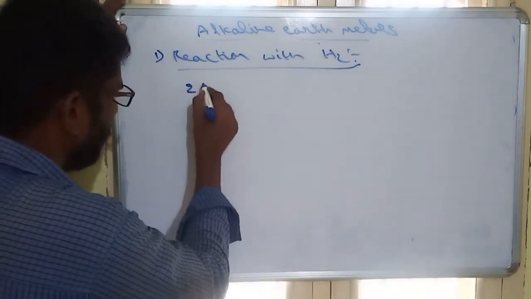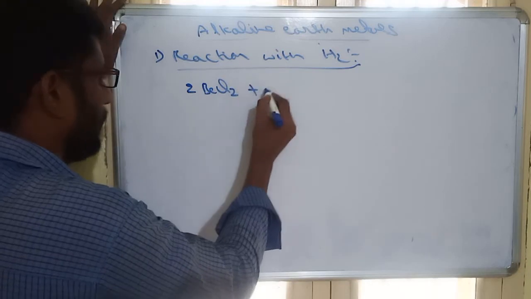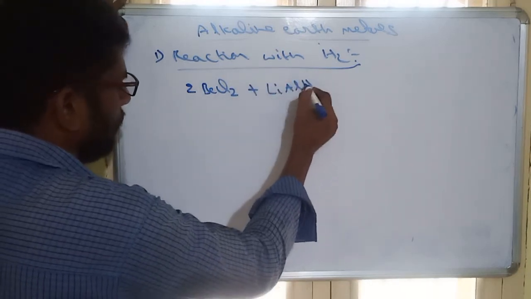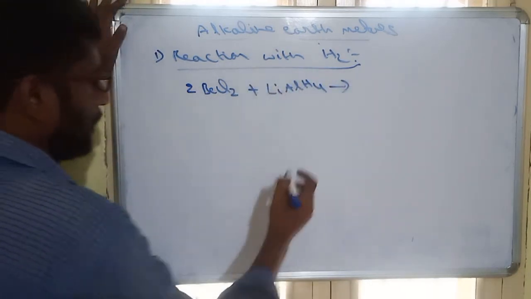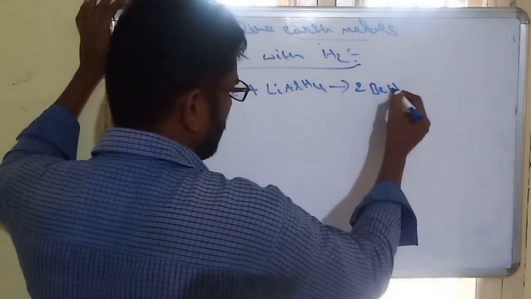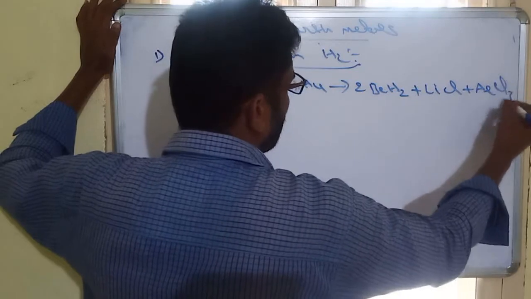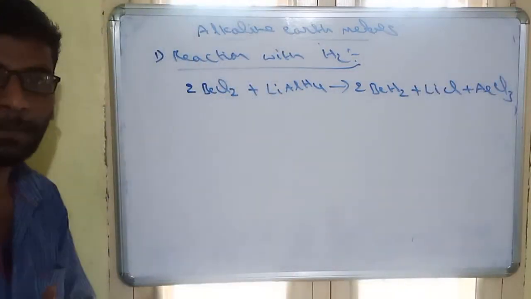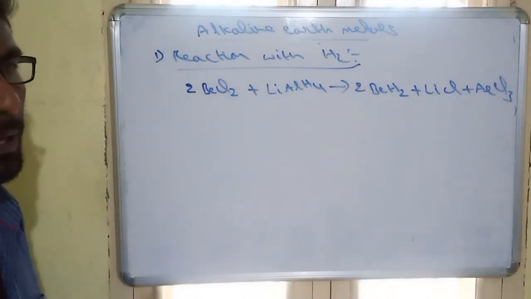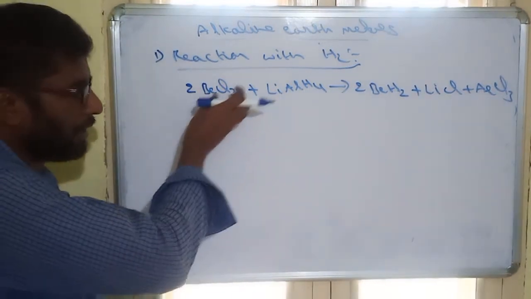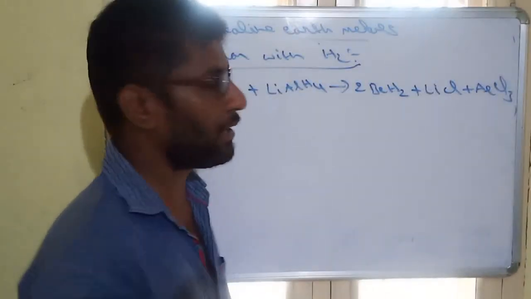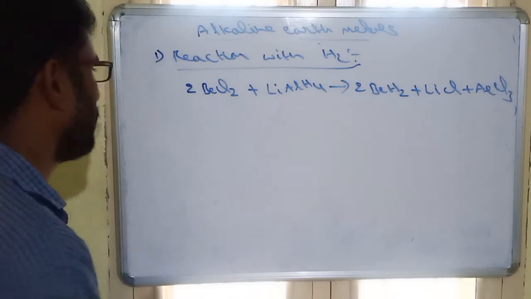We prepare it from beryllium chloride treated with lithium aluminium hydride. So we get beryllium hydride BeH2 plus LiCl plus AlCl3. Because of low reactivity, the hydrides are prepared by indirect methods, by reduction of the chloride with lithium aluminium hydride.